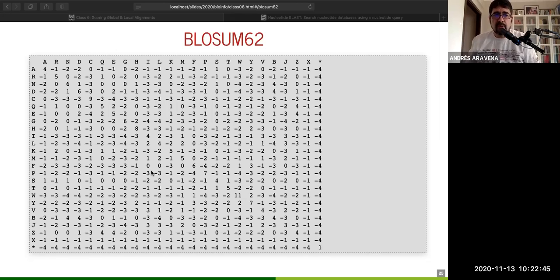Most of the numbers are negative. The numbers in the diagonal are positive because keeping the amino acid is good. And changing an amino acid to one that is chemically similar will give you not so good, but still positive. So keeping leucine as leucine is the best.